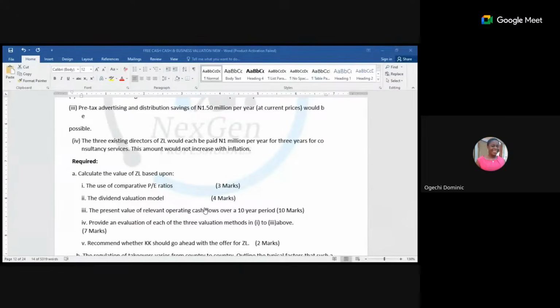This English is not agreeable. The construction of these words does not suggest that way that you are saying it. It's as if they are going to be paid 1 million naira per year.